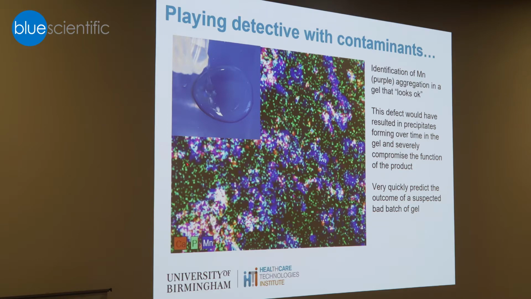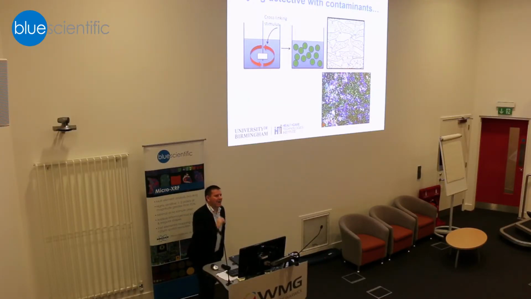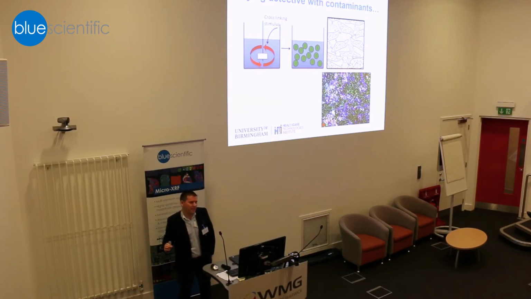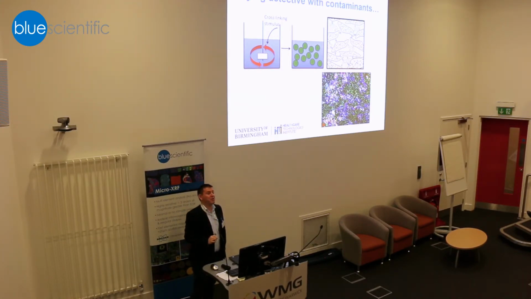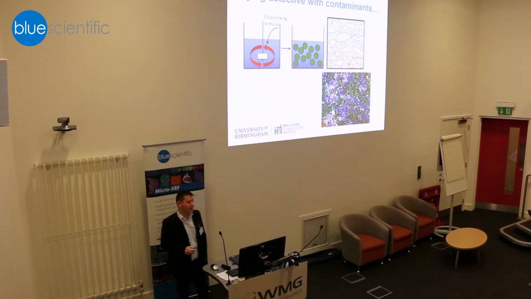Now, seeing the manganese localize in these little patches tells us that the contaminant must have come from the cross-linking agent and not the water we were using. We would expect the manganese to be freely distributed in the background. So just by looking at how the contaminants are distributed, we could pinpoint where exactly in the manufacturing process we were likely to have an issue going forward.